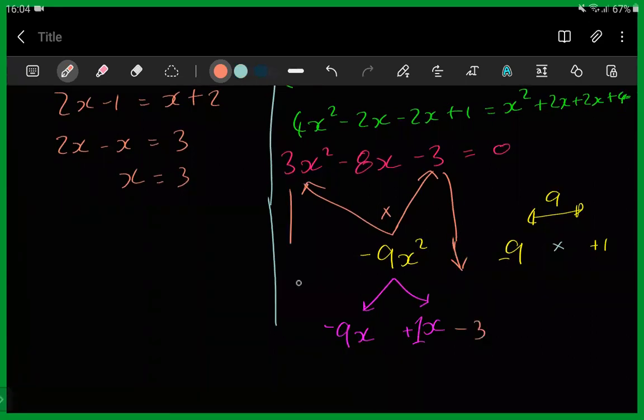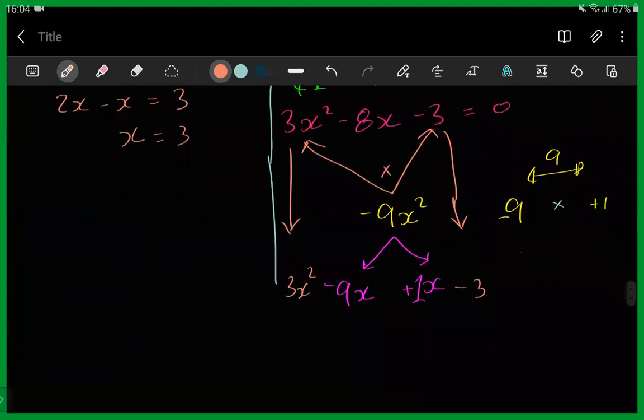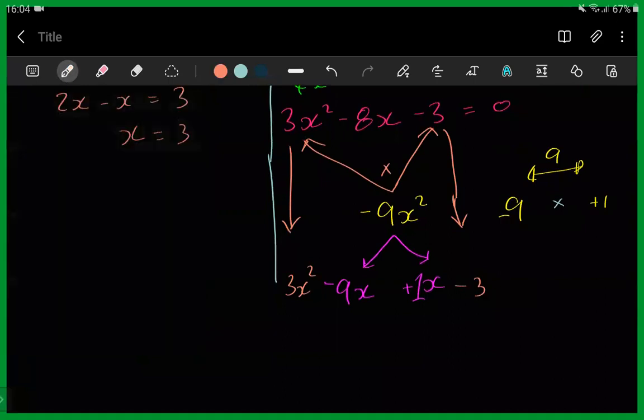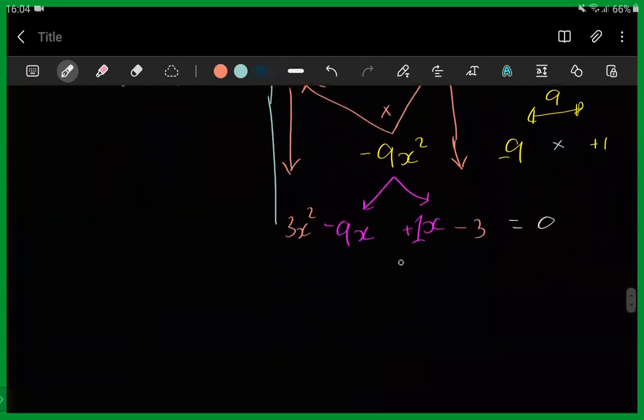The number here, you drop it, that's a plus 3. So this being done, you can now factorize by grouping. Remember this is equal to 0, so you can group them and take out a common factor. Here you can take out 3x as a common factor. You're going to have x minus 3.